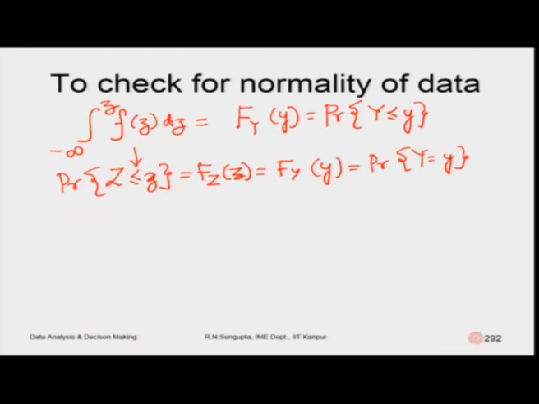So, these are the CDF values. I should have written in a different color. For the diagram, I am going to do that. Generally this is the CDF value for the, technically going to infinity. So, these are the z values, and this is 0, this is 1.